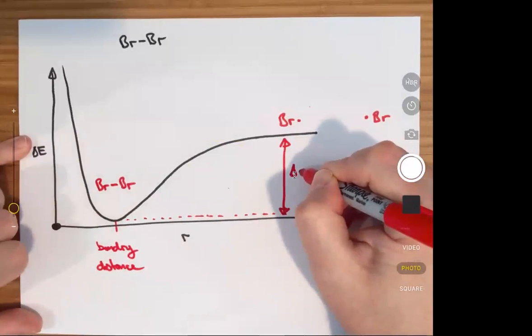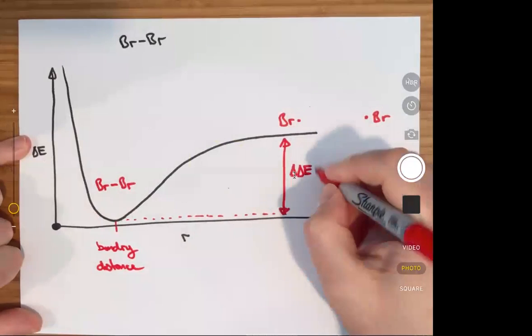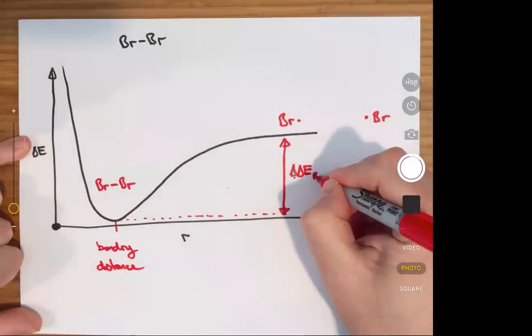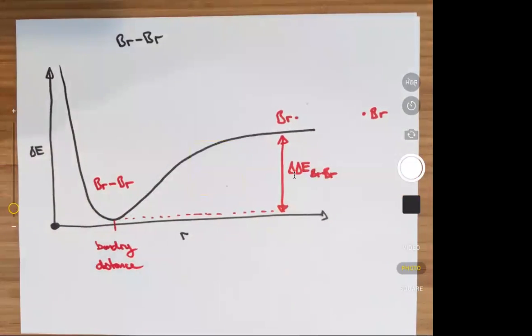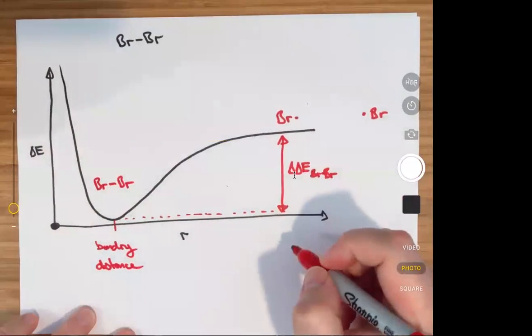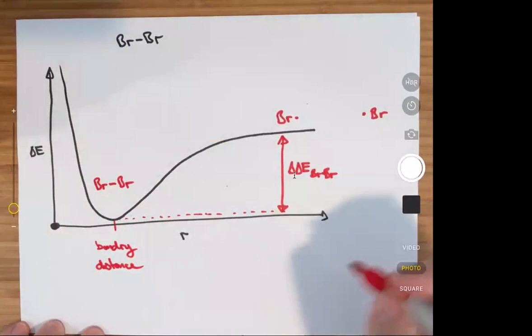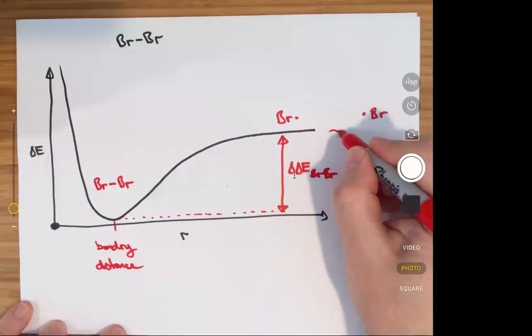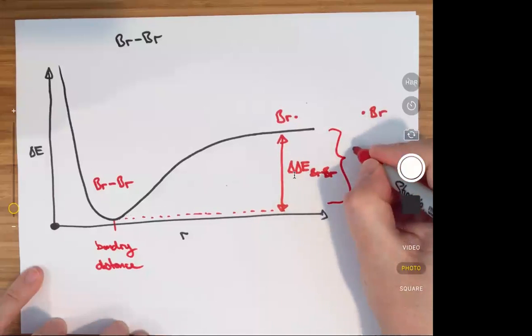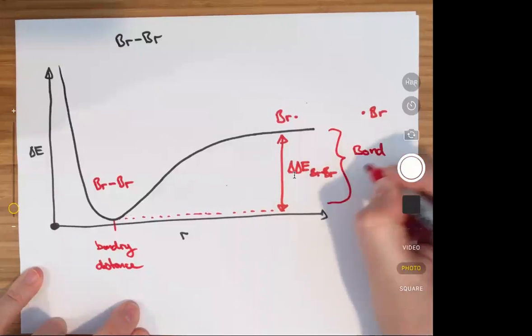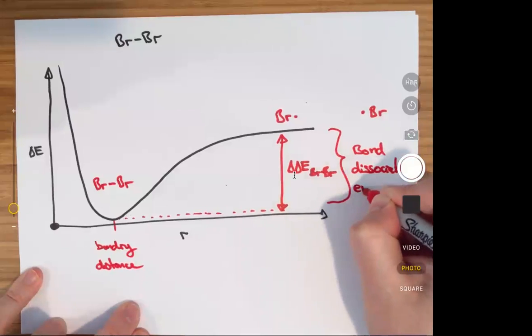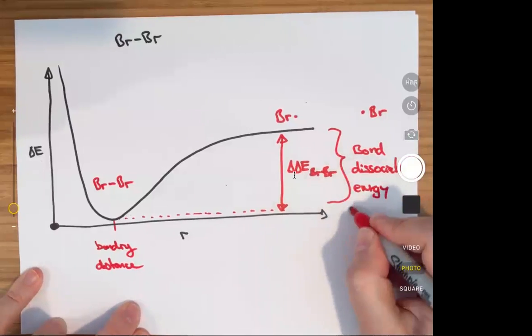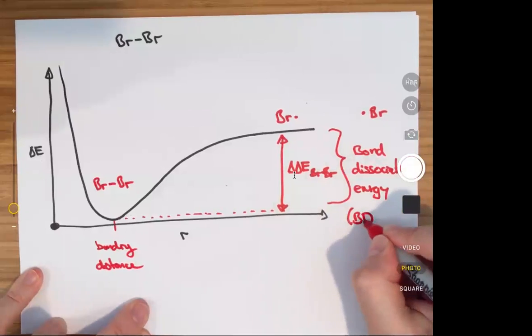So let's call this delta E for the Br bond. And usually this is defined essentially as the bond dissociation energy, usually abbreviated as BDE.